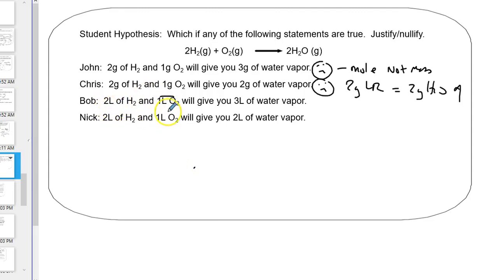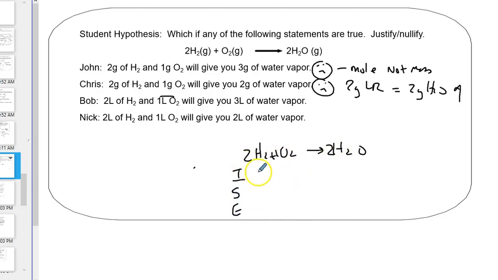2 liters and 1 liter will give you 3 liters of water. Okay, well, let's try this out here. So I have H2 plus O2 yields H2O. And balancing it, we're going to get 2, 1, 2. Now, unlike mass, we just can't use mass in this ICE table.